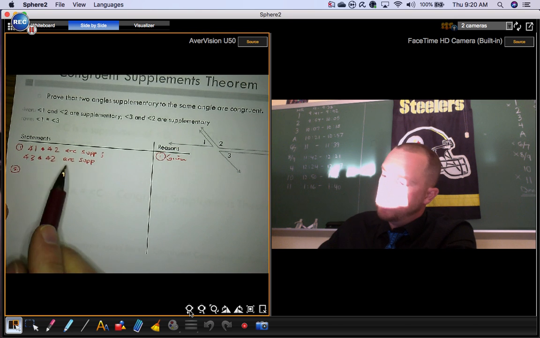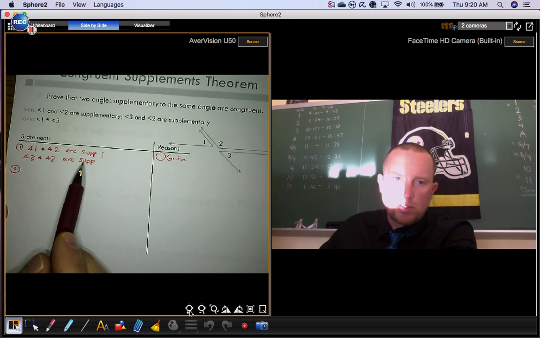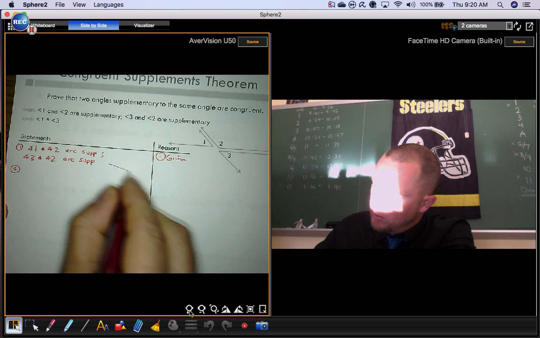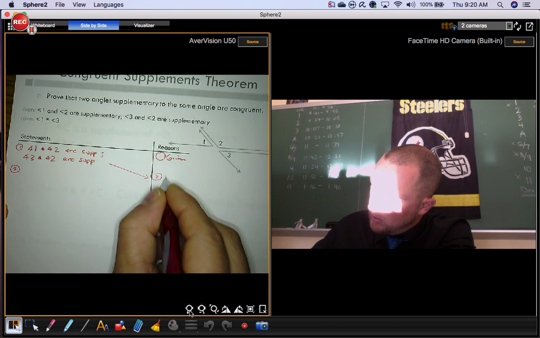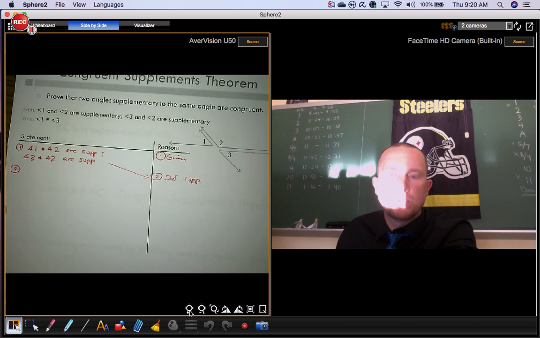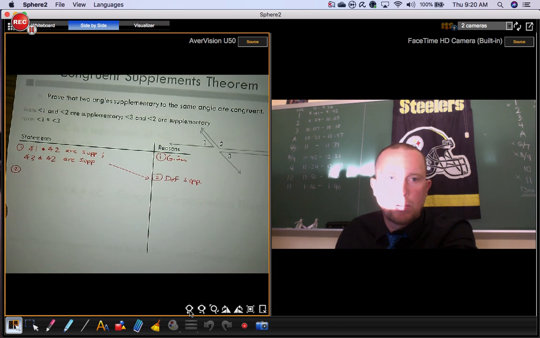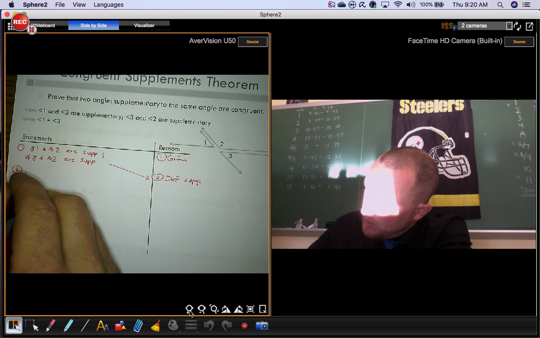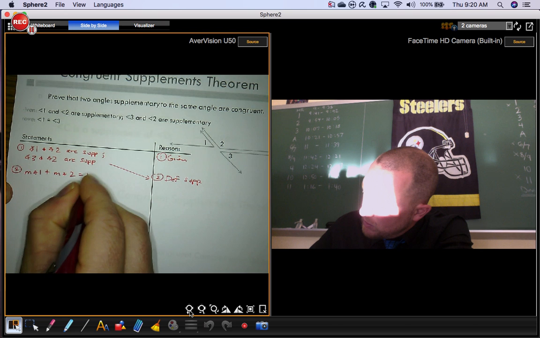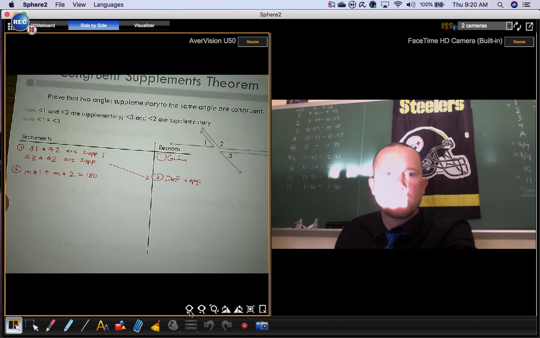Now, step 2, you're saying that these angles are supplementary. That's a term. What does supplementary mean? So notice how I'm going to define what supplementary means. Supplementary means the measures of the angles add up to 180.